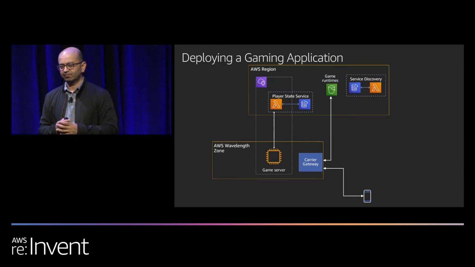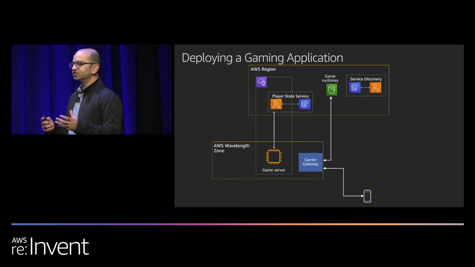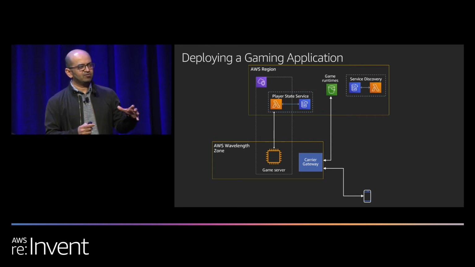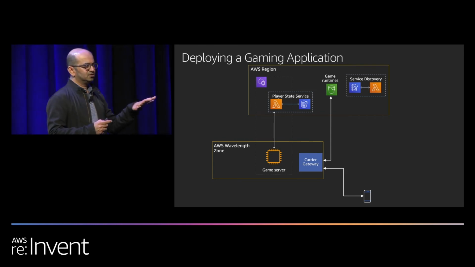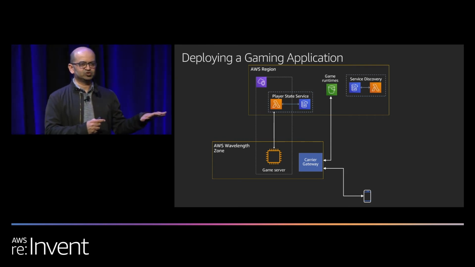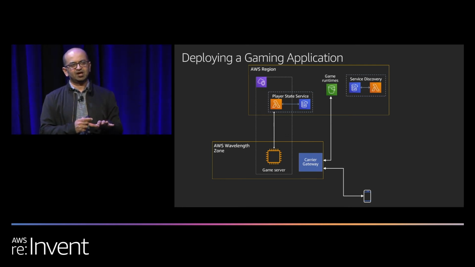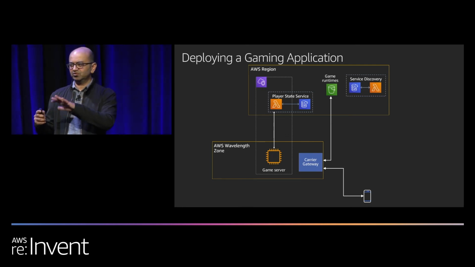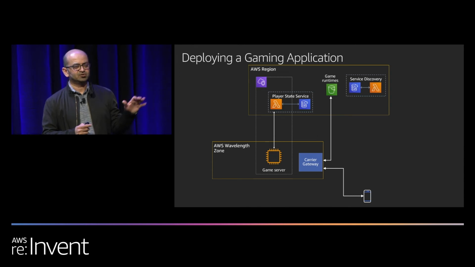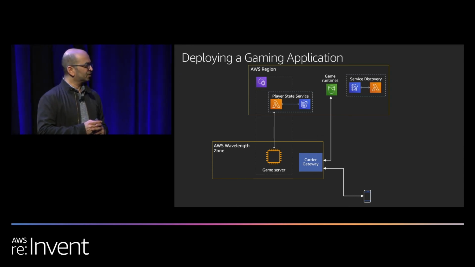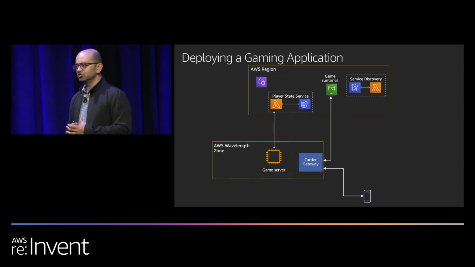So as you can see, there's a lot of flexibility in terms of using the different capabilities of wavelength zones and the connectivity with the region and the access mechanisms for the different endpoints that we have provided through the carrier gateway. So this was one example. Obviously, you can create a variety of applications.